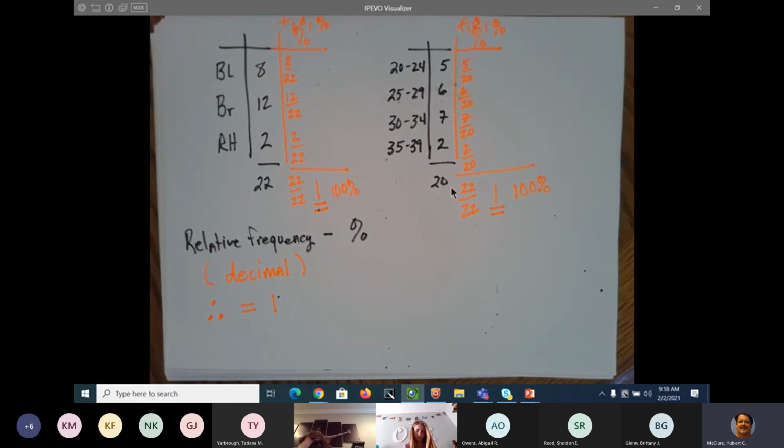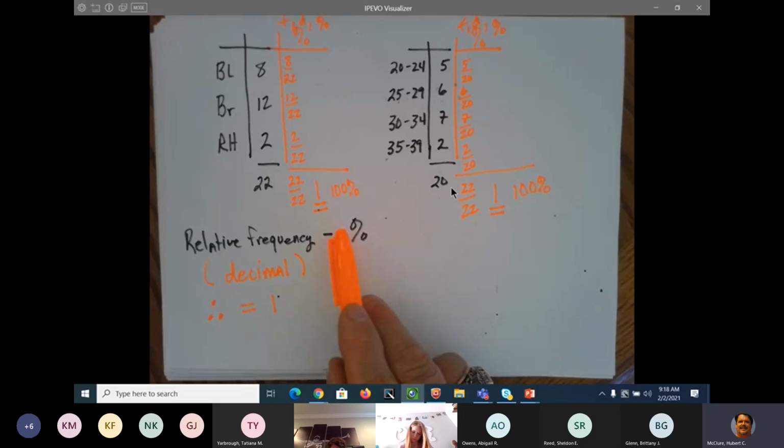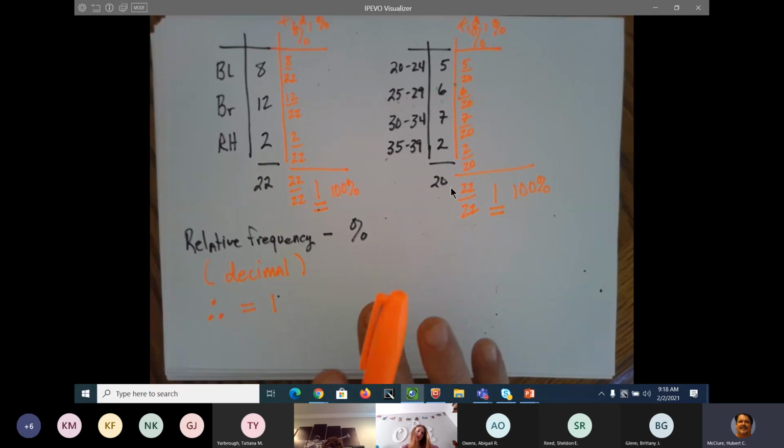I don't know which homework question it is, I can't tell you right now, but it is going to ask you, what does the relative frequency equal? Or what is the total of the relative frequency? The answer is 1, because most of the time, probability and statistics books want you to put the relative frequency in decimal form. 90% of the time, you're going to put it in decimal form.